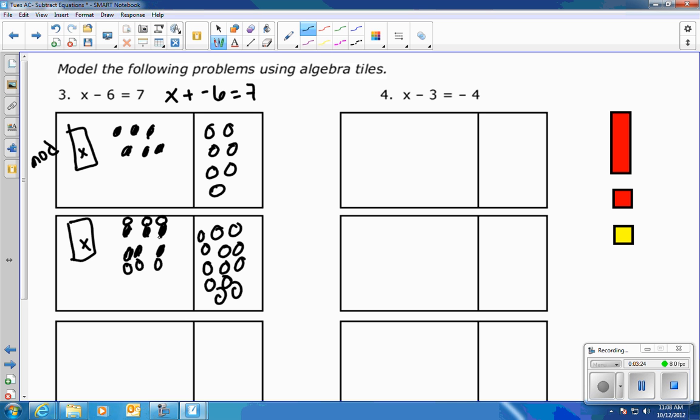And these are all going to go away, which means x is equal to 3, 6, 9, 12, that's 13. Okay, so again, this is your step, and this is your answer.